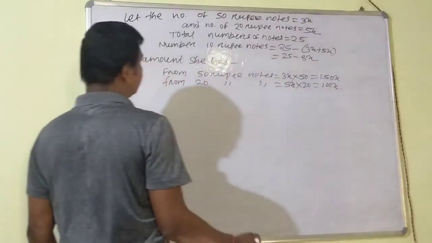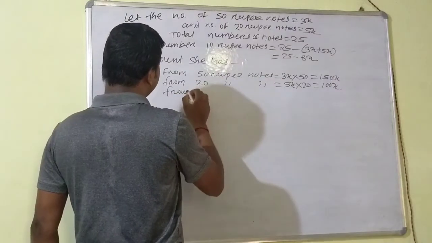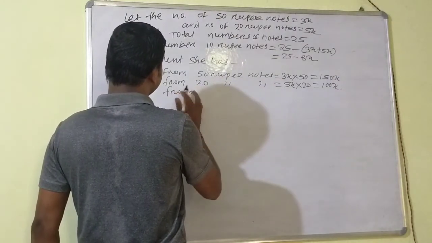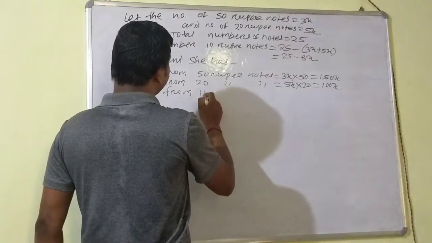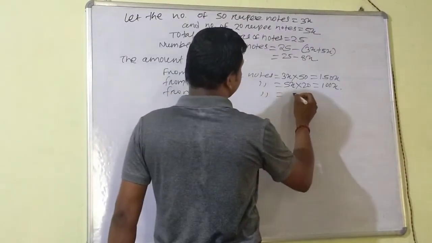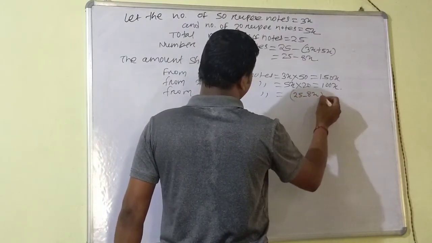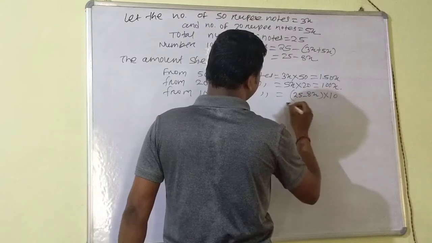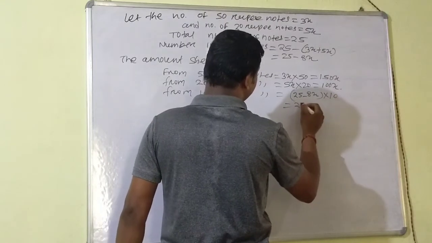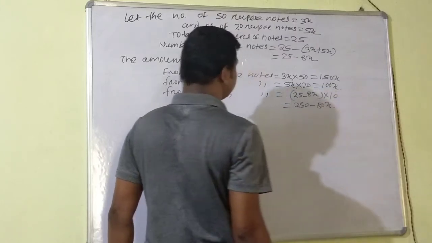Similarly, we will find the total amount from 10 rupee notes, which is 25 minus 8x into 10, equal to 250 minus 80x.